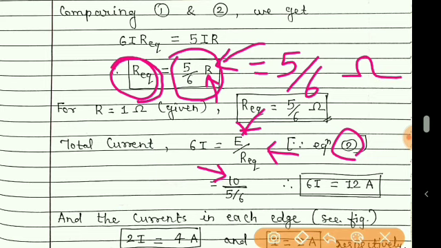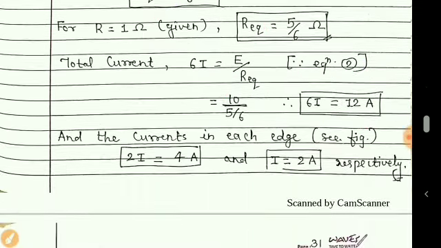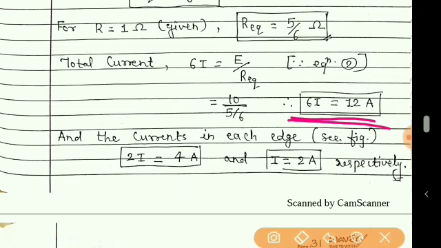So here REQ is 5 by 6. Now calculating this, we get 6I is equal to 12 ampere. Current, its unit is ampere. And so we get the total current from the battery, that is 6I.